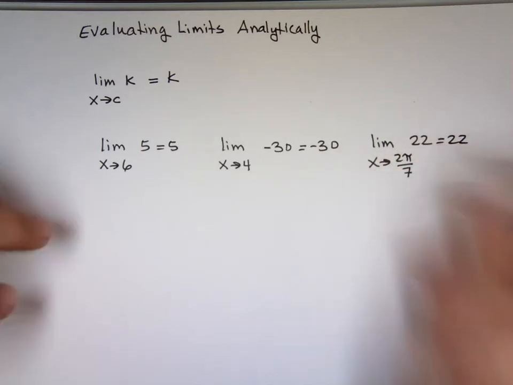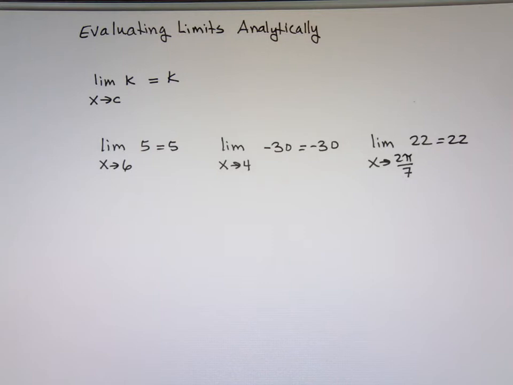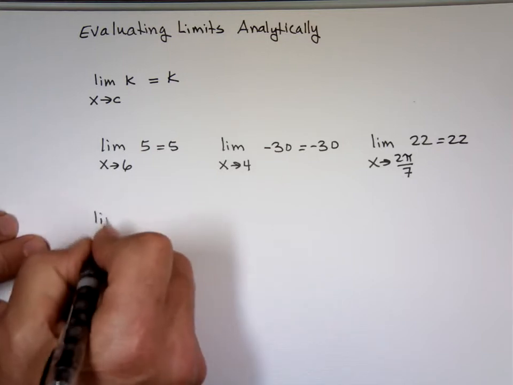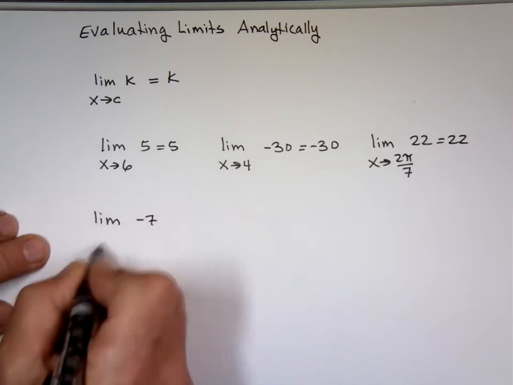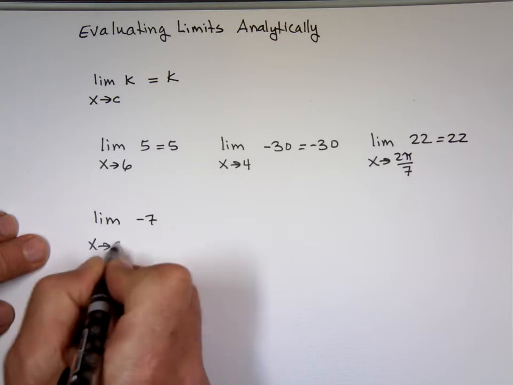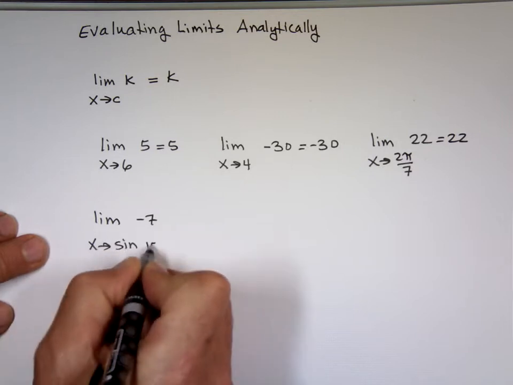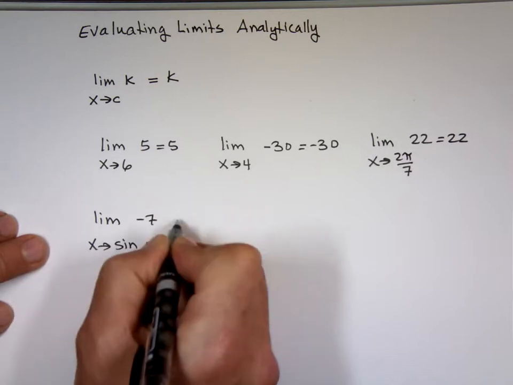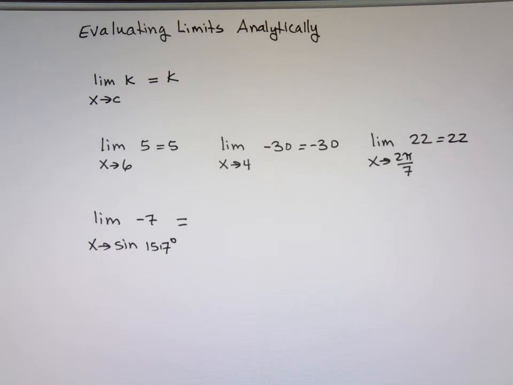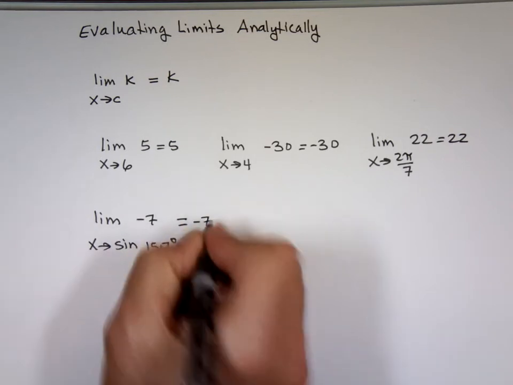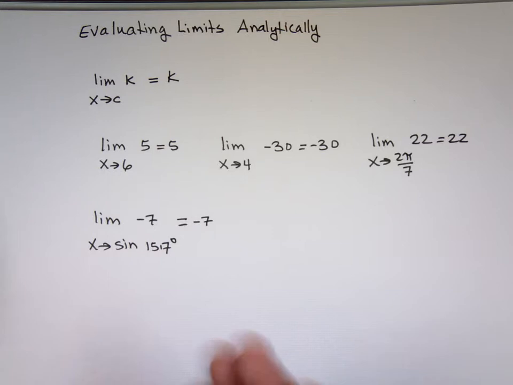Doesn't matter what x approaches. What's the limit of negative 7 as x approaches sine of 15.7 degrees? Still negative 7. The limit of any constant is always the constant. Doesn't matter what you're approaching.